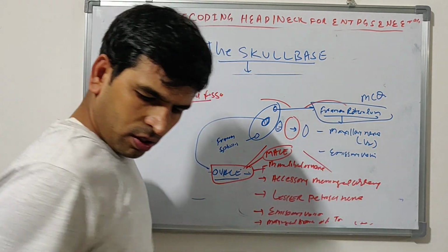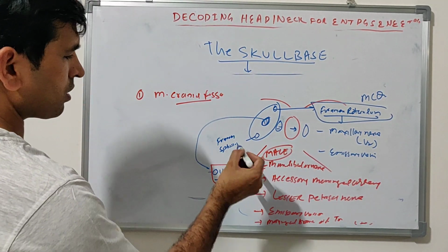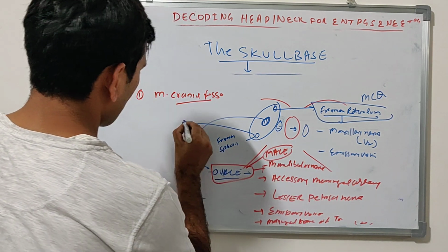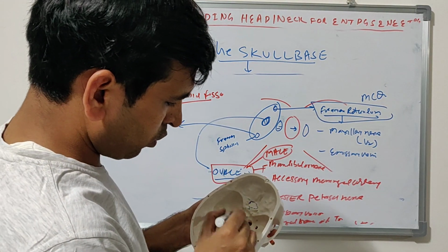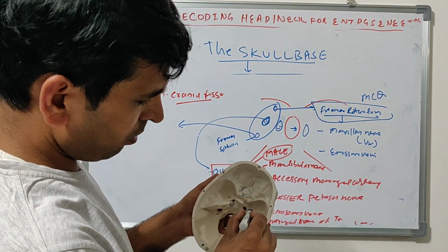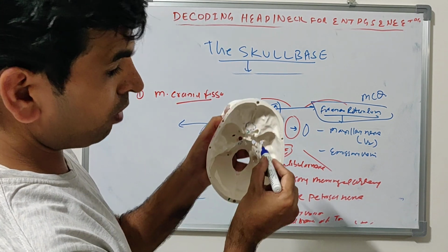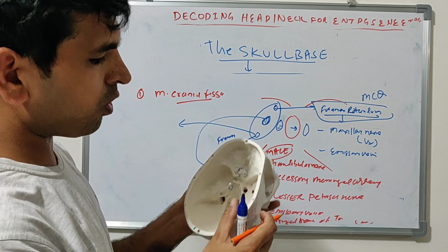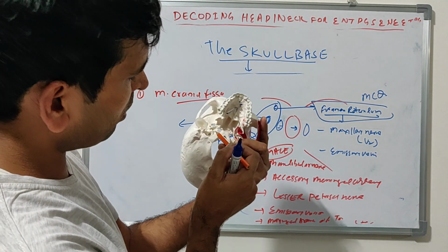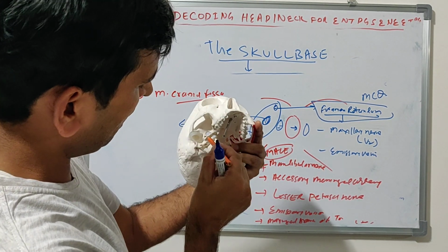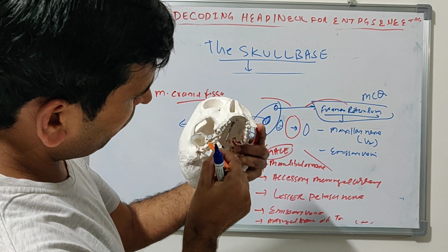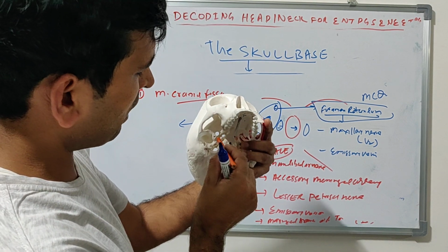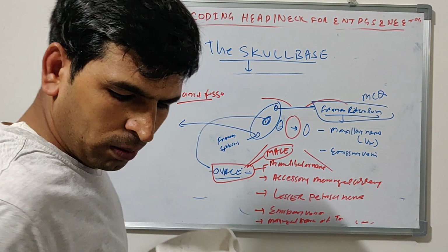Now behind this is the last foramen, called foramen spinosum. Behind the oval shaped foramen, this is called foramen spinosum, because here you may find the spine of the sphenoid, that's why it's called foramen spinosum.